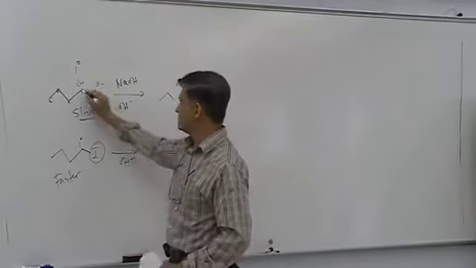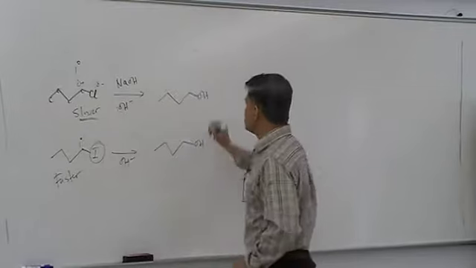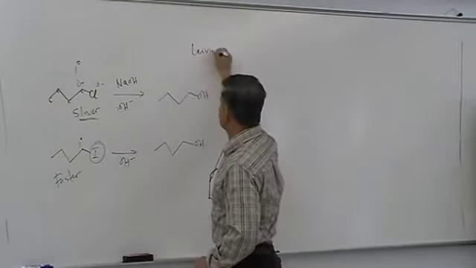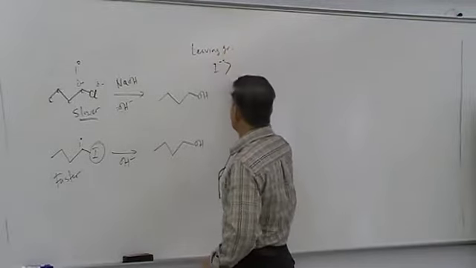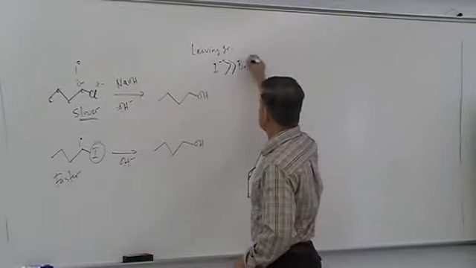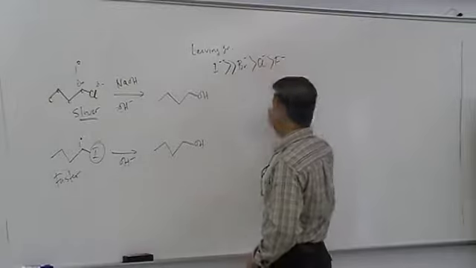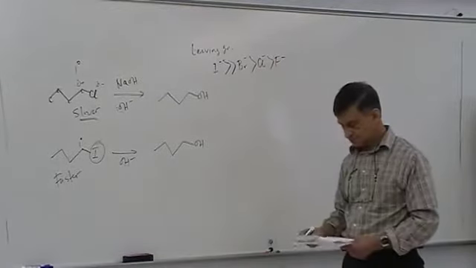Don't forget that there are 2 hydrogens already there on that carbon. So, these are the best leaving groups among the halogens. Iodide ion is a much better leaving group than Br minus. Then Br minus is a better leaving group than Cl minus, than F minus. So F minus is the worst one as a leaving group.